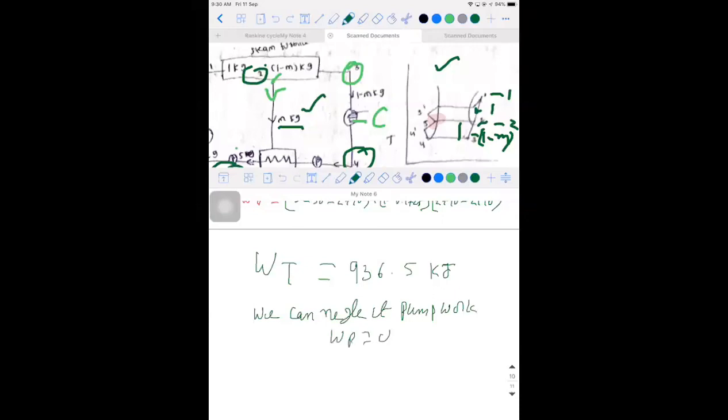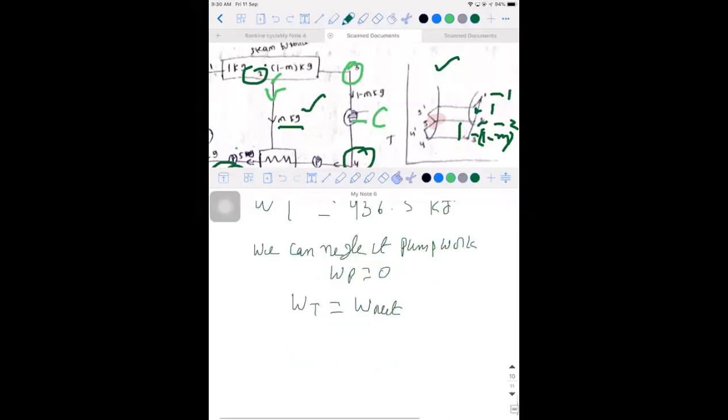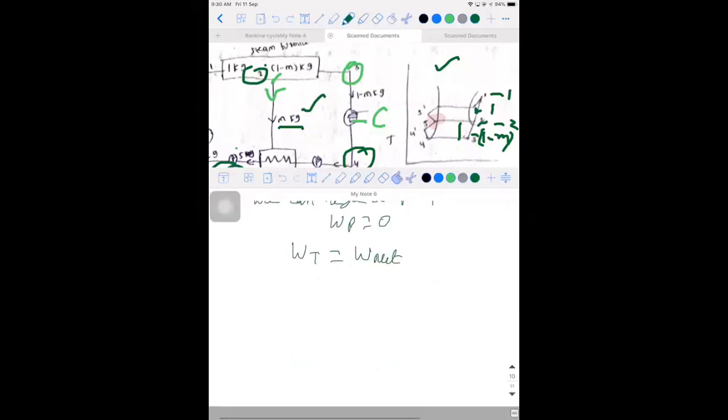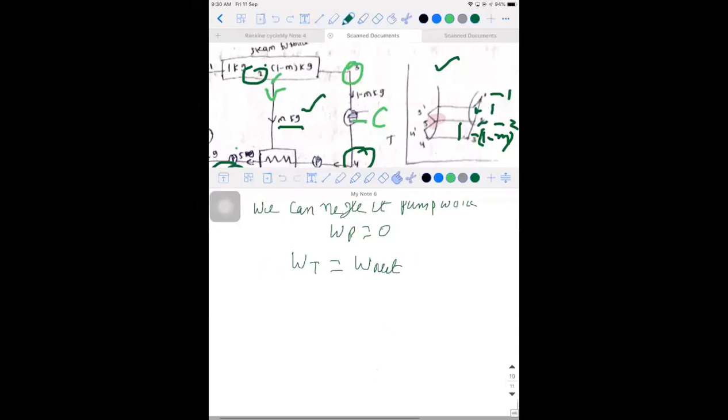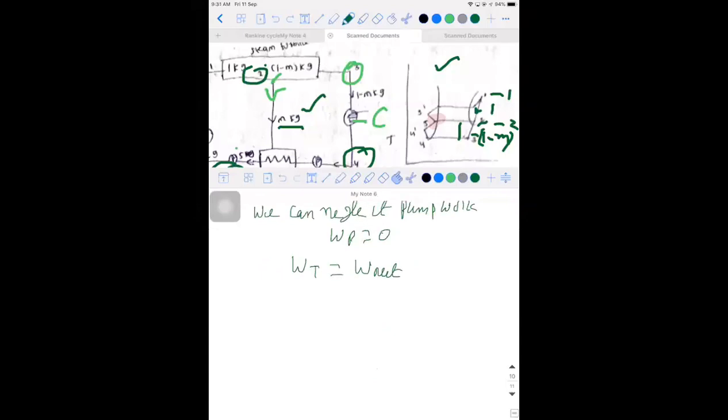Once you have this W net with you, then automatically what is the SSC? Specific steam consumption is equal to, how is it given, sir?